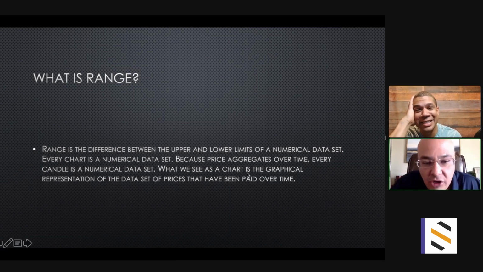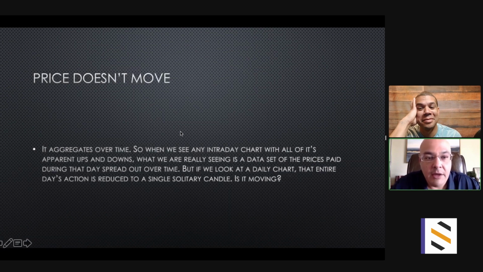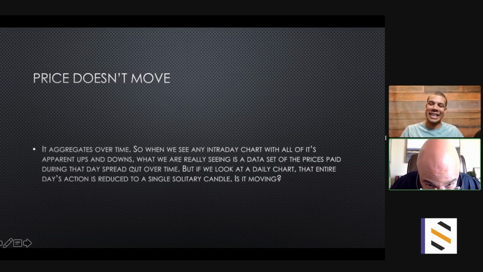So what we see as a chart is actually the graphical representation of the data set of prices that have been paid over time. Price doesn't move, it aggregates over time. So when we see any intraday chart with all of its apparent ups and downs, what we are really seeing is a data set of the prices paid during that day spread out over time. But if we look at the daily chart, that entire day's action is reduced to a single solitary candle.